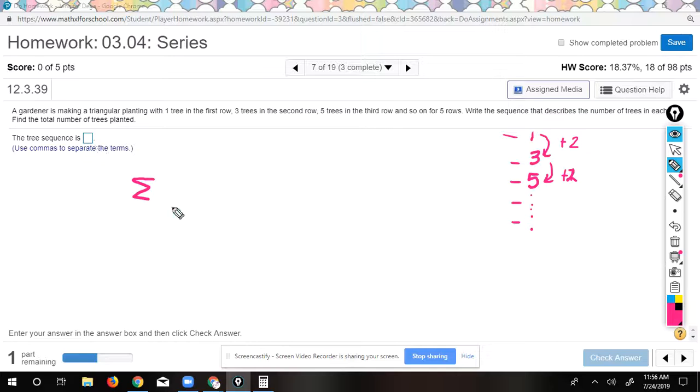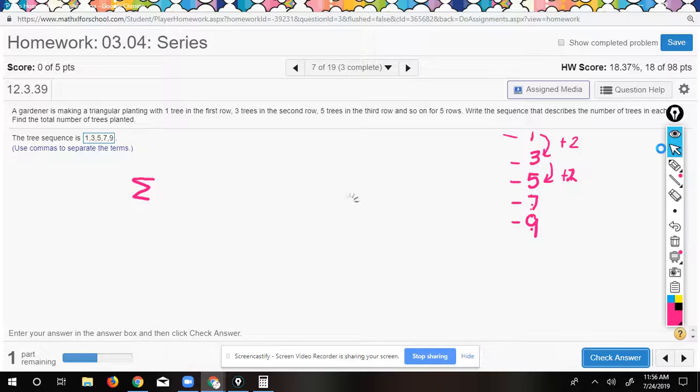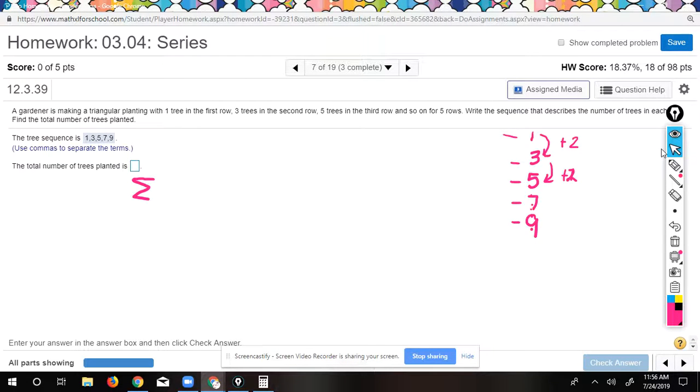Oh, they want the first sequence here. That's what they want. Okay, so if we're adding 2 every time, 5, 7, and 9. So they just want us to list what it is. It's going up by 2 every time: 1, 3, 5, 7, 9. Yay! Okay, and then the total number.